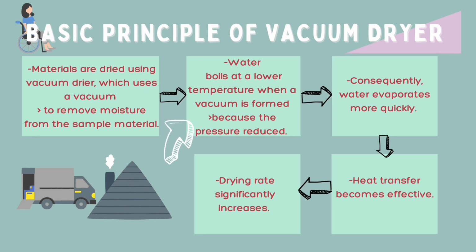Next, water boils at a lower temperature when a vacuum is formed because the pressure is reduced. Consequently, water will evaporate more quickly and the heat transfer becomes effective. This hence will cause the drying rate to increase significantly.